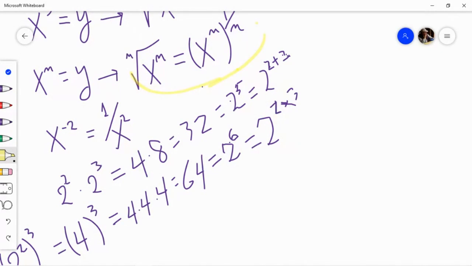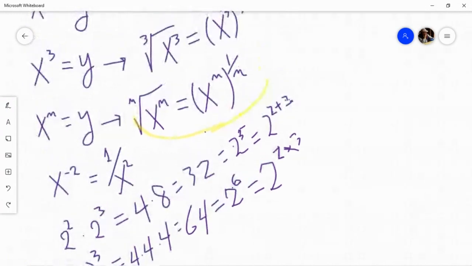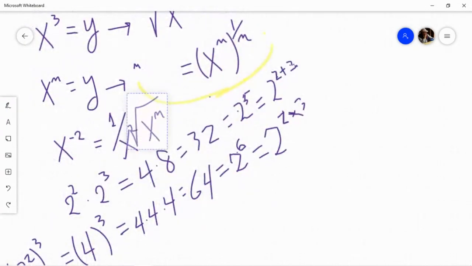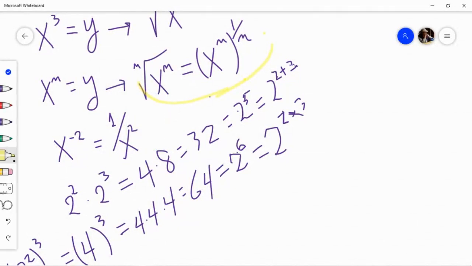We know the product rule, power of power, right?